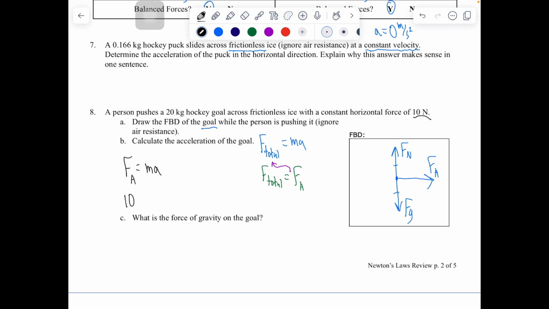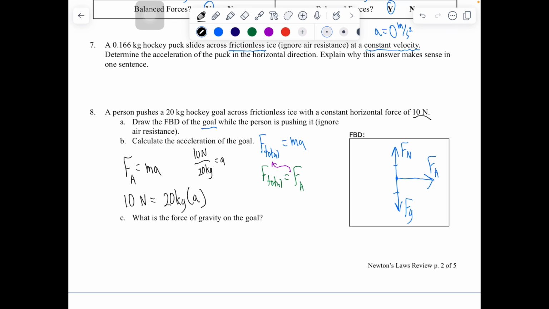This way, we know that applied force, it's our 10 newtons. We can write in 10 newtons, plug in our mass of 20 kilograms, solve for our acceleration, divide 10 newtons by 20 kilograms, and we get our acceleration.